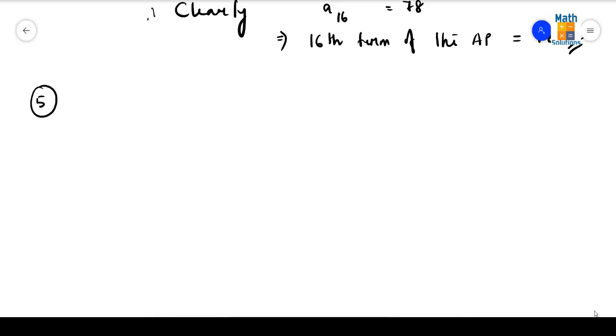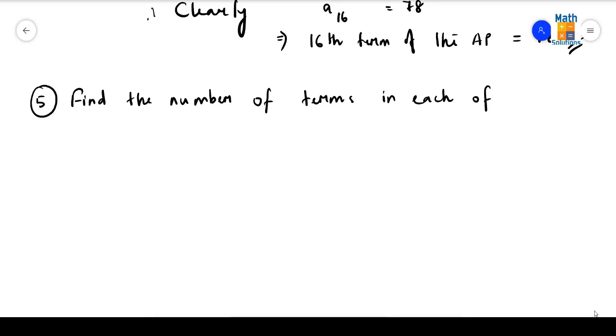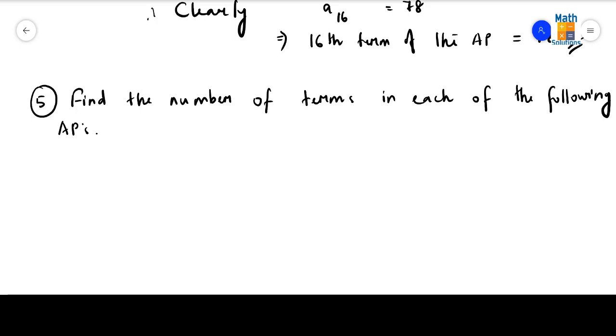Find the number of terms in each of the following APs. Here the number of terms refers to the value of n, that means the number of terms in this case will mean nothing but n.